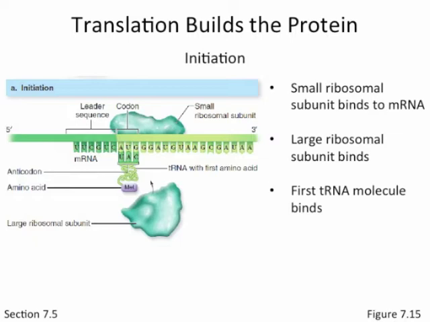for. Once the small subunit has attached to the mRNA, the large ribosomal subunit will bind, as well as the first tRNA molecule. So tRNA that has the anticodon UAC and has methionine is going to bind to that start codon, and the ribosome assembles around it. That's initiation.